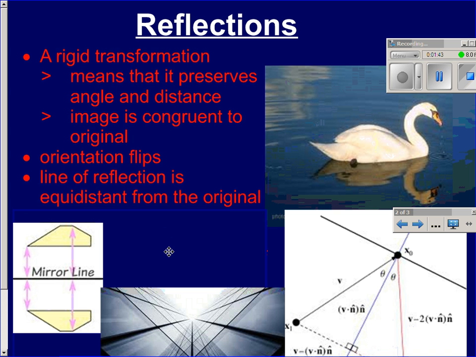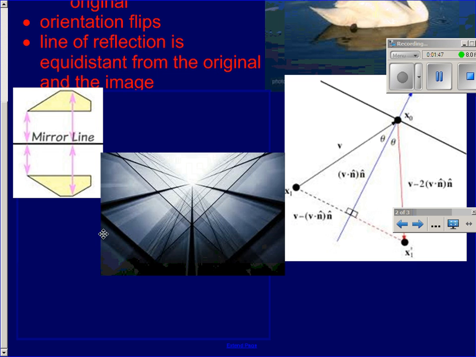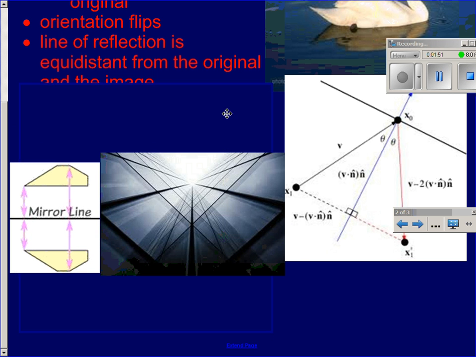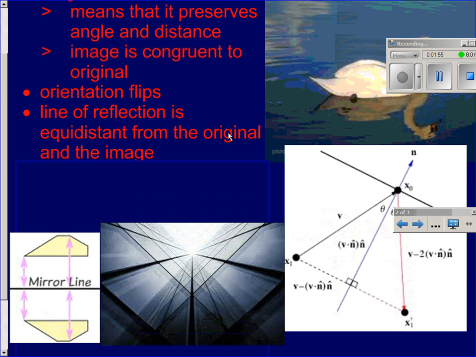The line of reflection mathematically is equidistant from the original and the image. And so what that means is that the pink segment here is exactly equal to the pink segment on the other side.